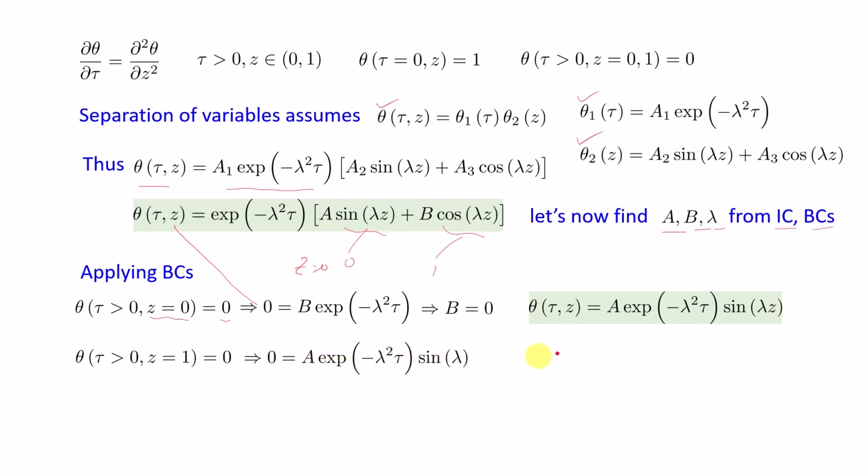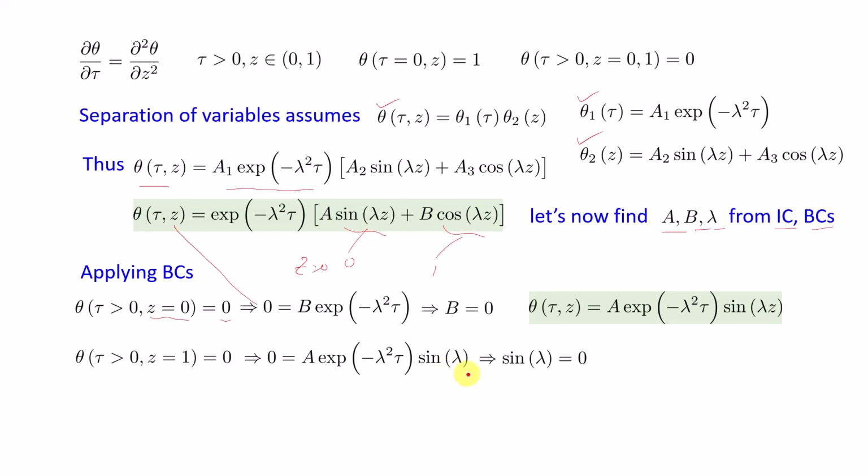This becomes sine lambda because z is 1. Now for this to become 0, of course, a cannot be 0, because if a is 0, then the entire theta is 0 and we don't get any solution. This exponential term is non-zero, so this sine lambda should be 0.